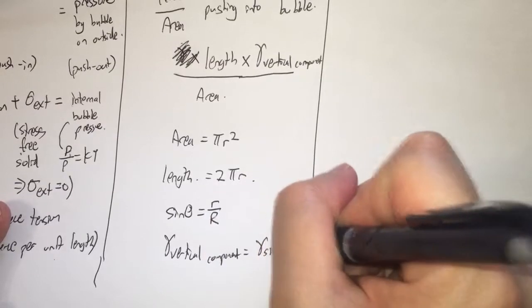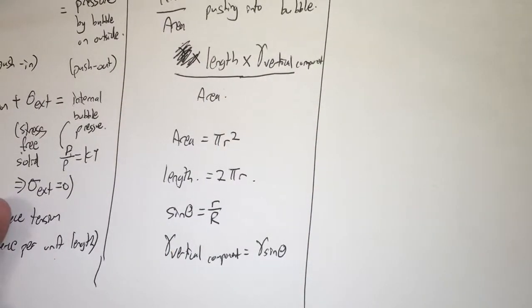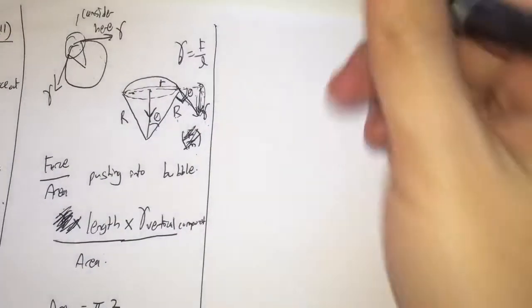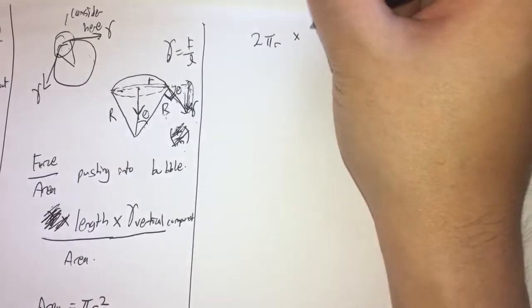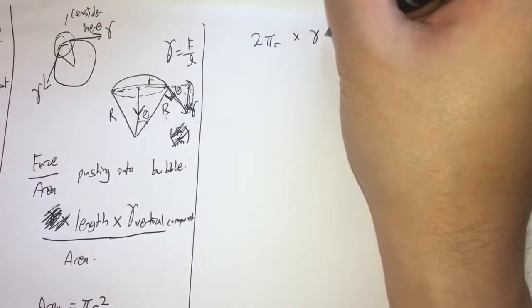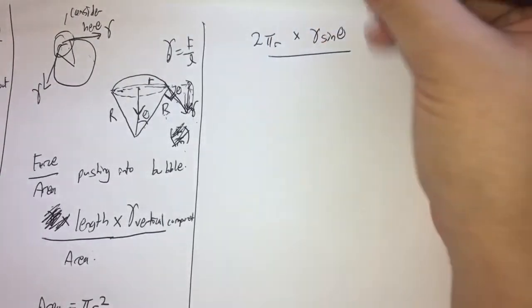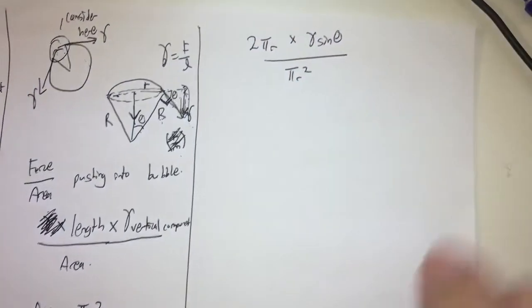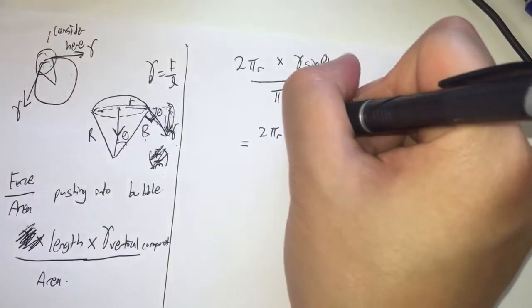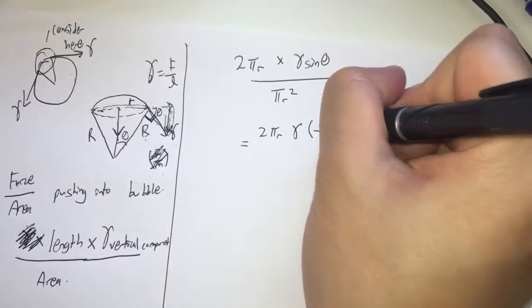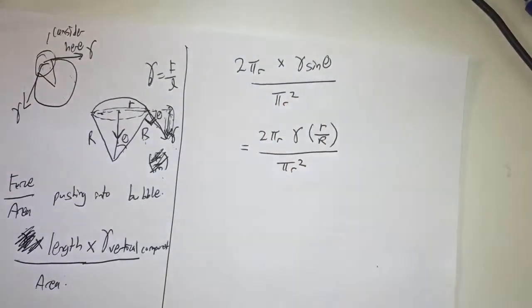Gamma sine theta. So let's put this into our force per unit area expression. We have a length, which is 2 pi r, times the vertical component, gamma sine theta, over pi r squared. And gamma sine theta is simply small r over big R, and this will be pi r squared.